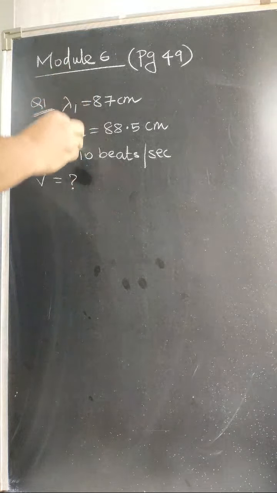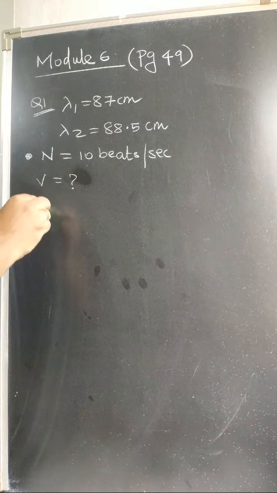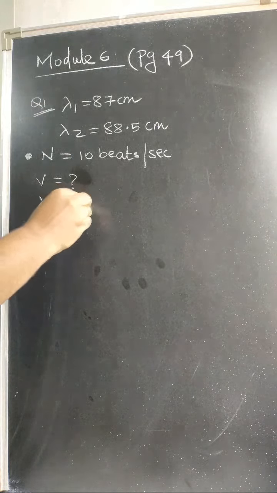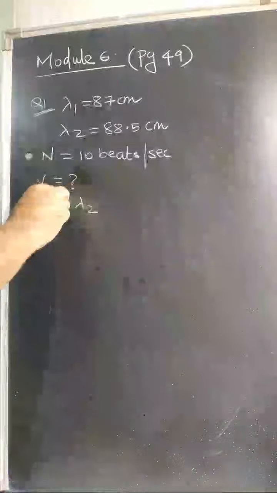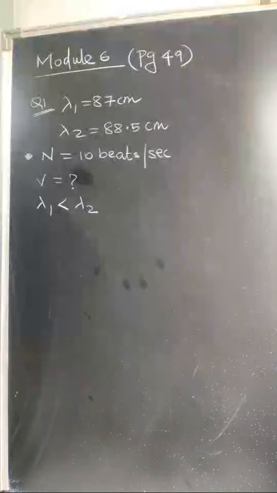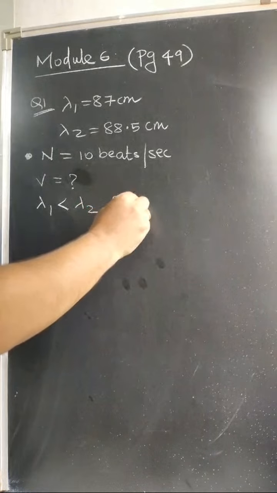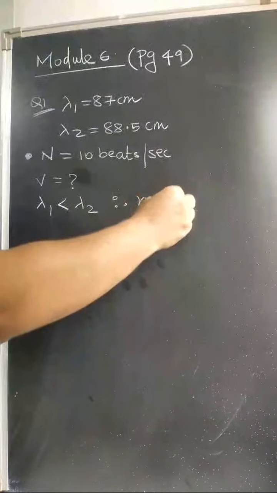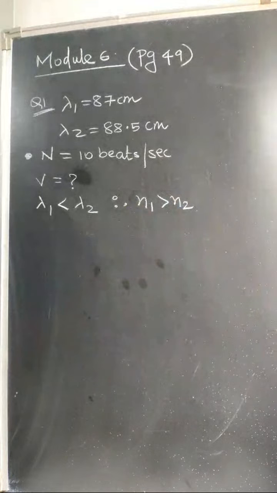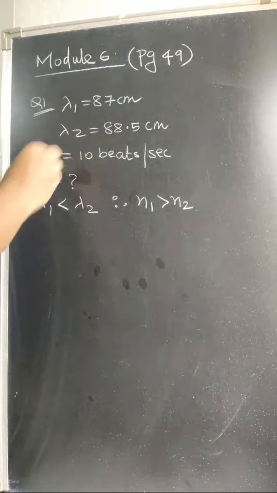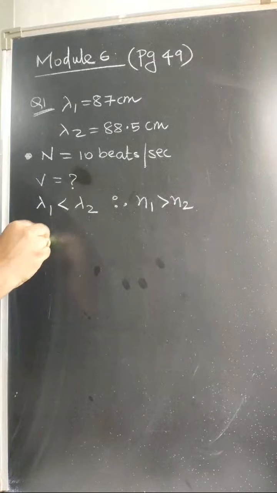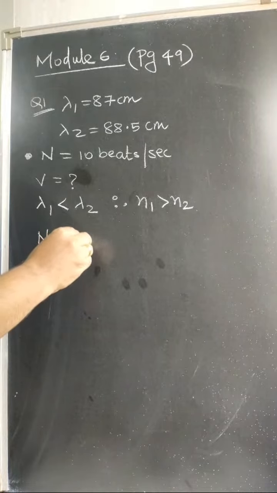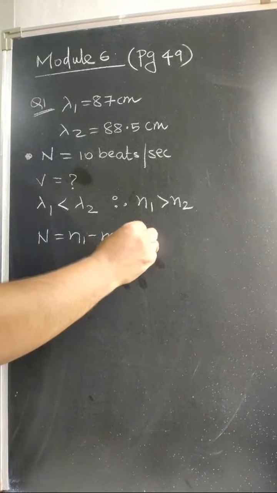And we have two wavelengths with us, lambda 1 and lambda 2. Lambda 1 is less than lambda 2. Therefore, can we say that N1 will be greater than N2? So this number of beats is going to be written as capital N is equal to N1 minus N2 is equal to 10.